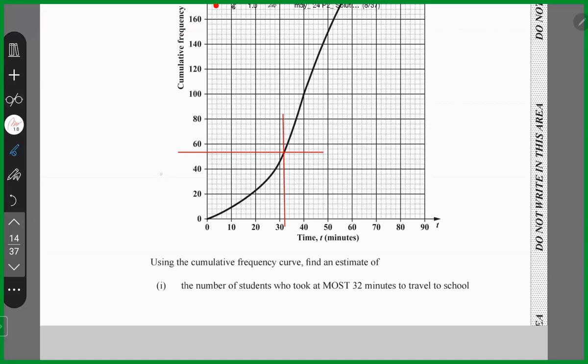This looks like 54. So the 54th student took 32 minutes to get to school. I guess if you said 52, 52 looks like it's just as accurate.